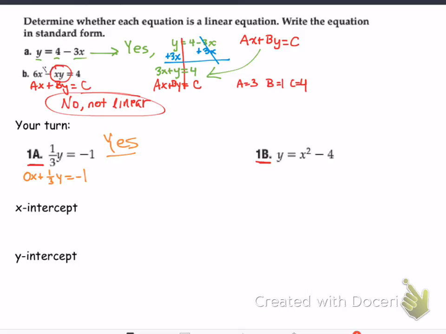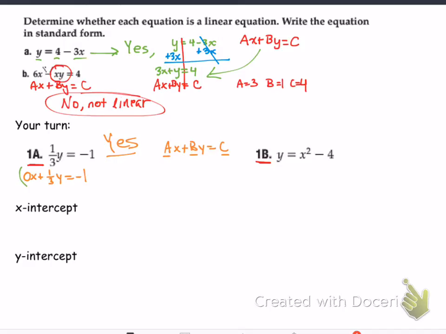Now, there is also one thing that I forgot to mention about standard form. So if I wanted to make sure standard form ax plus by is equal to c, the numbers here, a, b, and c, cannot be fractions. So what that means is, since I have a fraction here, how do I get rid of that?